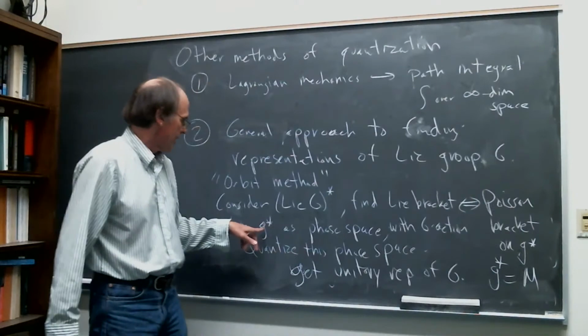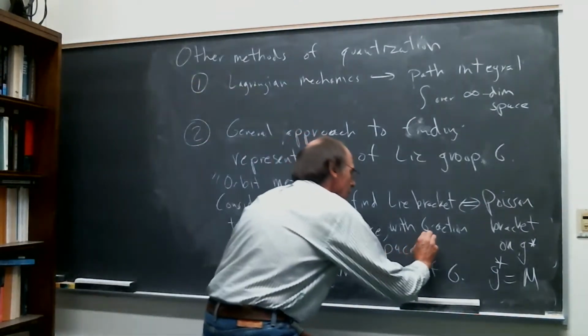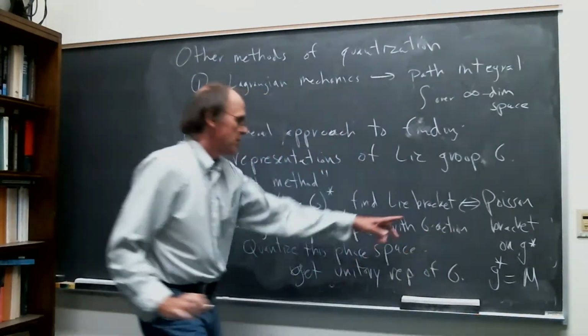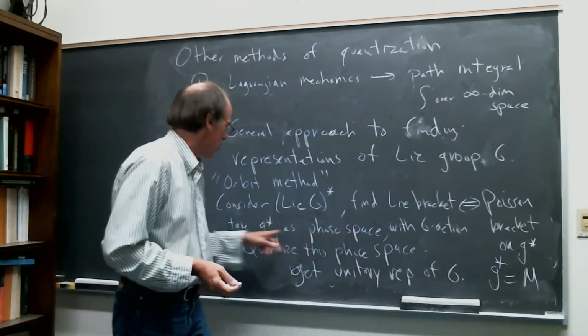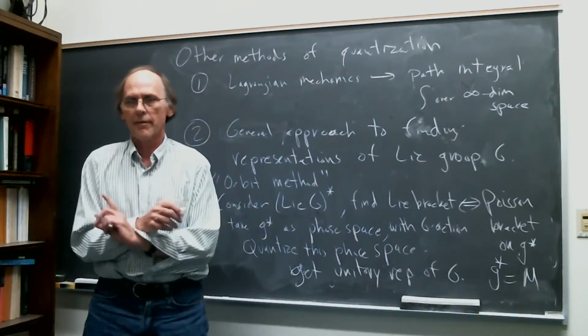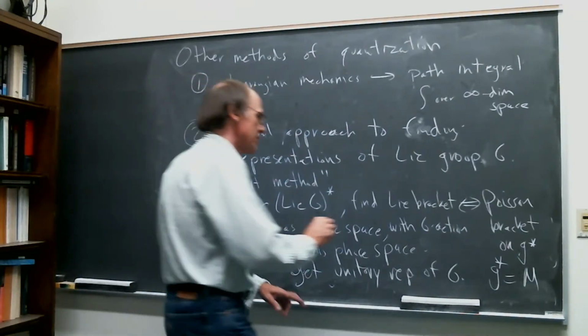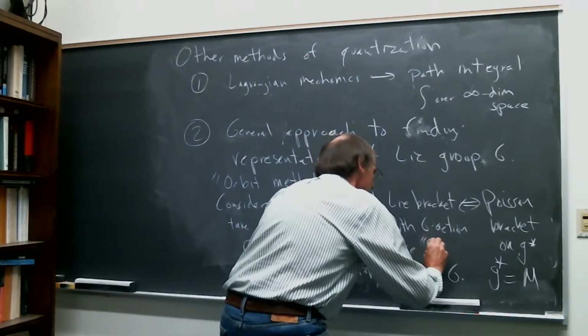Because remember that G acts on the Lie algebra by the adjoint action, and so it acts on the dual of the Lie algebra by the dual of the adjoint action. So this is the co-adjoint action.